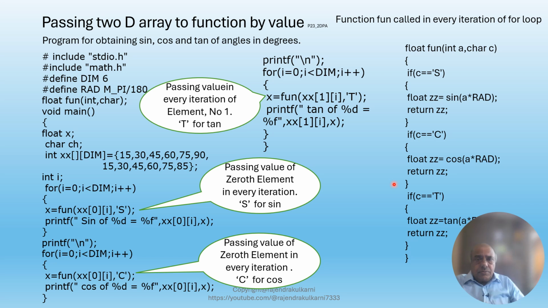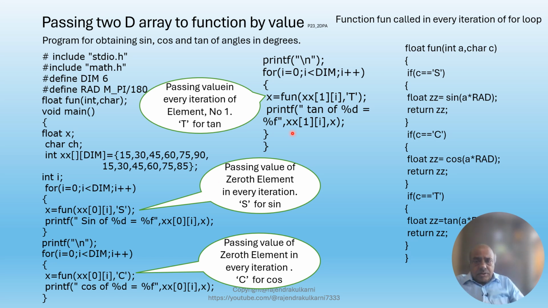So the function fun is called in every iteration of the for loop. For sine there will be 6 iterations of this for loop. For getting cosine there will be again 6 iterations, and for tan there will be 6 iterations.